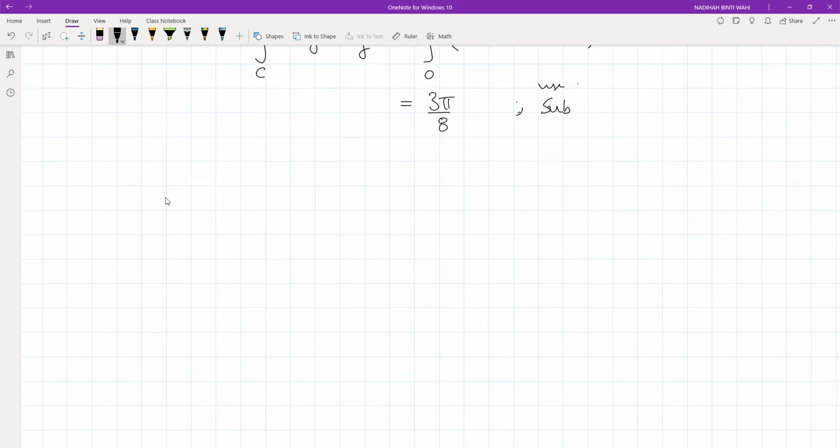Okay, before we go further, I want to explain what a line integral is. If you have some kind of path, let's say from A to B, and you walk on this path, you walk a small step, and then you take the line integral.